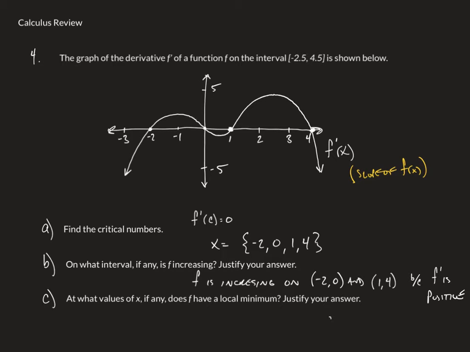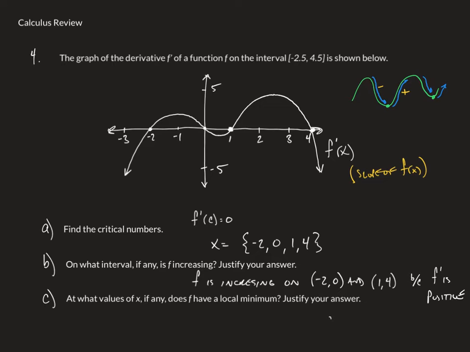And finally, C, at what values of x does f have any local minimum? If you take a look at what a local minimum would look like, if I've got a function like this one here, I would say that I've got a local minimum there and a local minimum there. That's because the slope of that function was decreasing and then begins increasing, and again here, decreasing and then increasing. So if I'm talking about slope, that's a negative slope and then a positive slope.